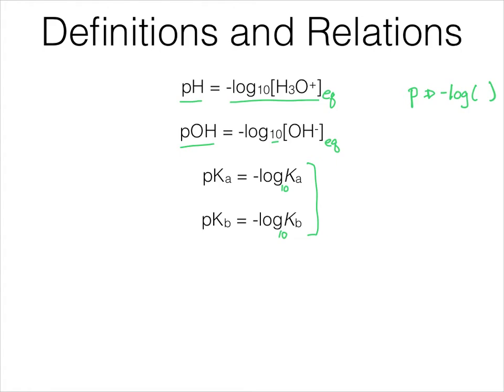And so really, in this form, I could say I want to take p of dogs, and that means that I would take minus log base 10 of my number of dogs. So I can take p of anything. And so just remember that this little lowercase p isn't special. It just changes the scale of our numbers into things that are easier to read.